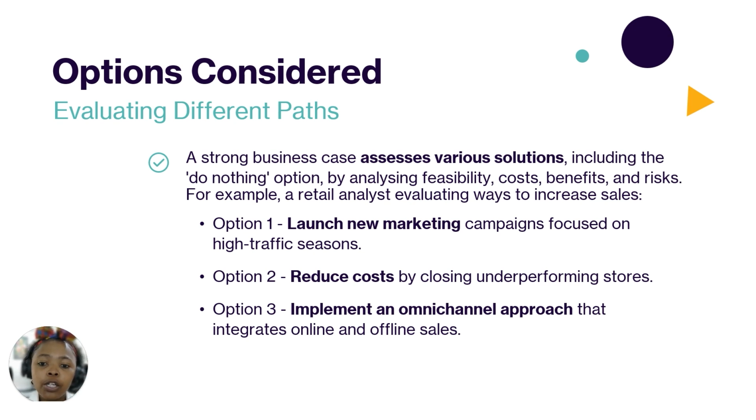Option two would be to reduce costs by closing underperforming stores. Option three would be implementing an omni-channel approach that integrates online and offline sales. By exploring multiple options, you provide stakeholders with a balanced view and demonstrate that you've thoroughly examined potential solutions.